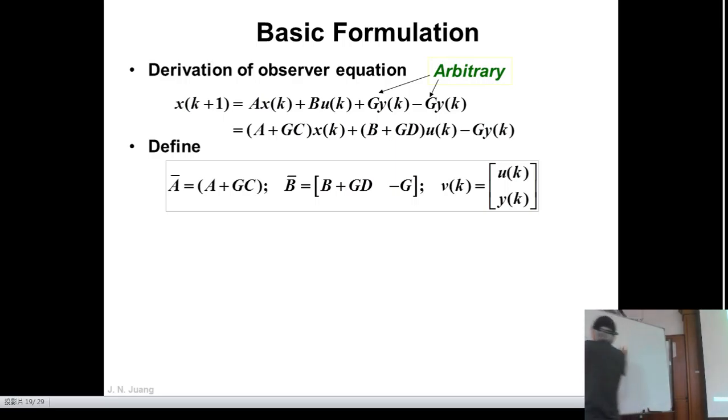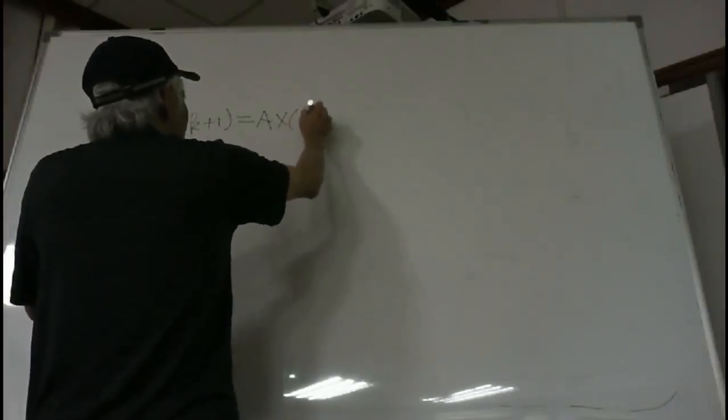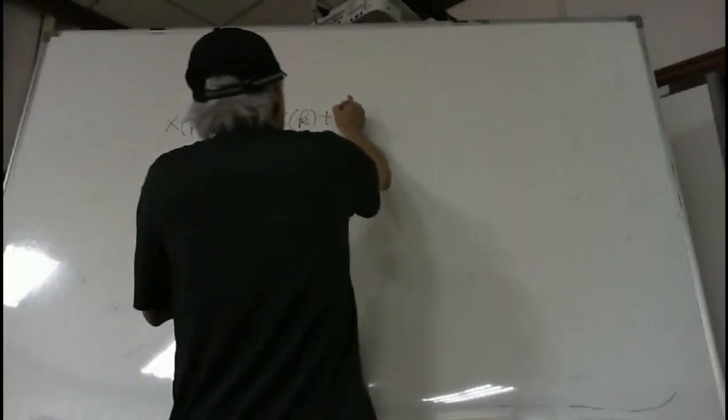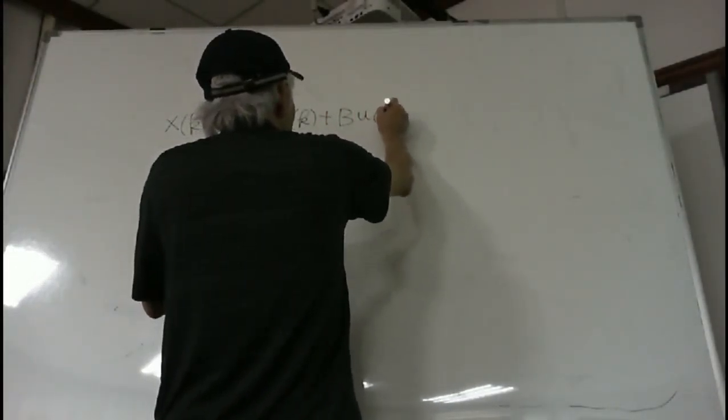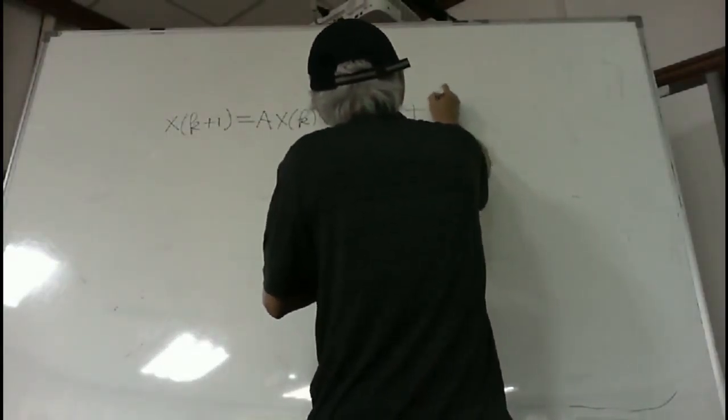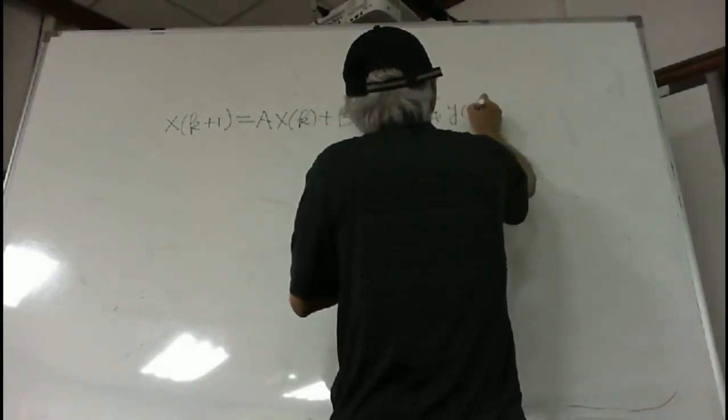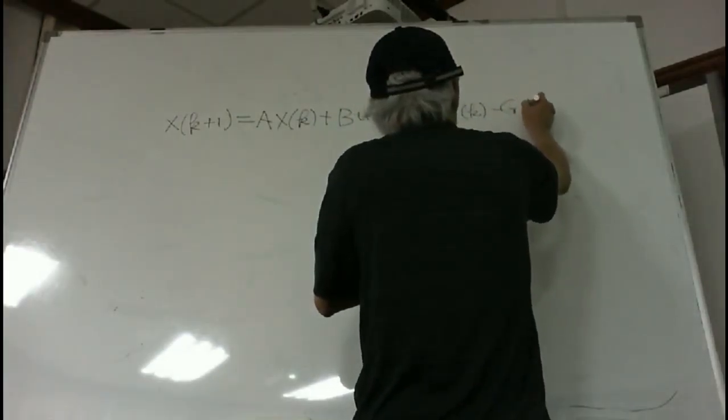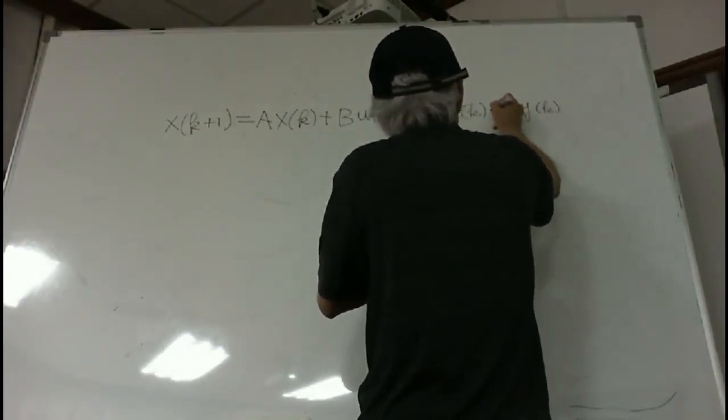Let me explain a little bit here so you will understand better. I have x k plus 1 equal to Axk plus Buk. Then I have Gyk minus Gyk.